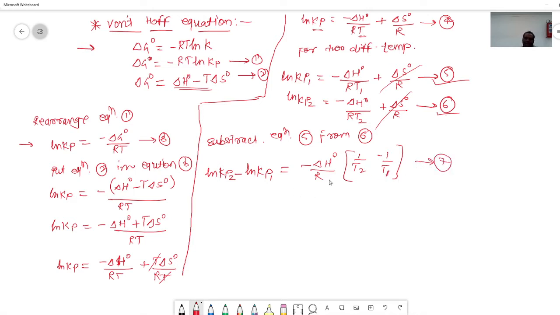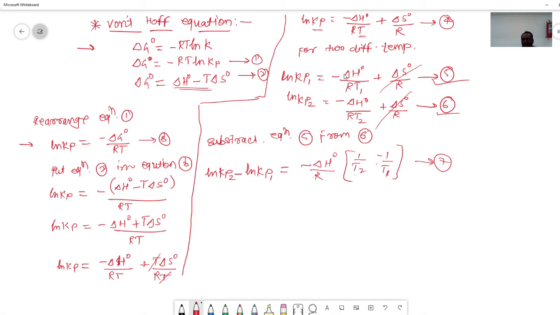How does this equation come? If I multiply, this term and this term will get cancelled, we know that one. This will be a minus term and this is the positive term. Now, if I multiply, minus delta H0 divided by R T2, then minus will become again plus, that is plus delta H0 divided by R T1, because we are subtracting this equation.